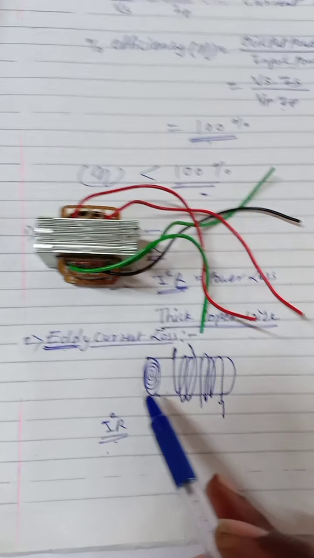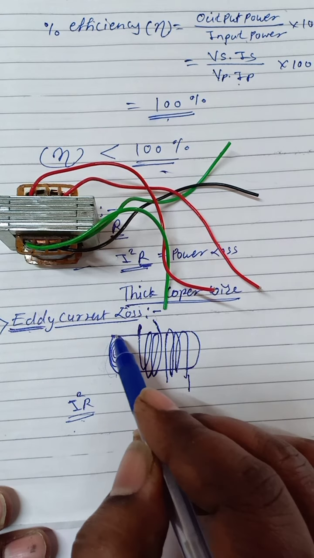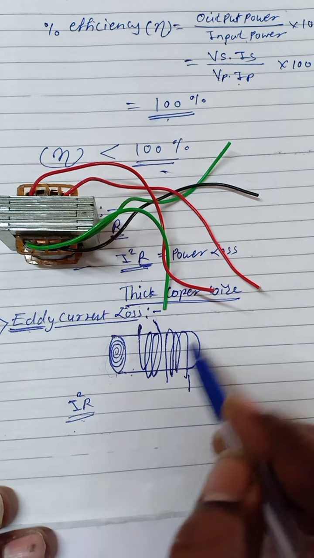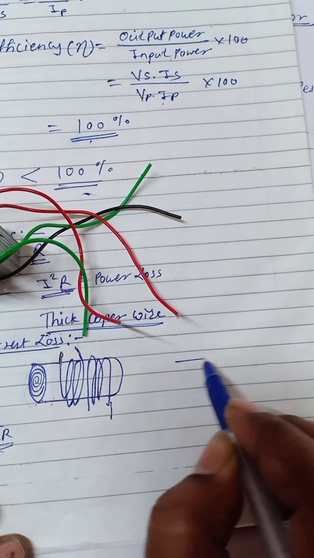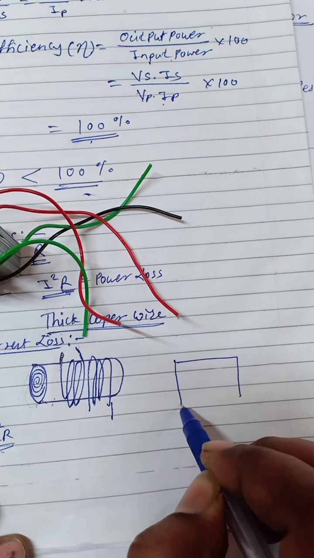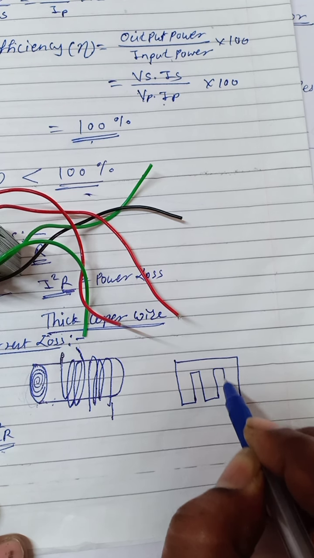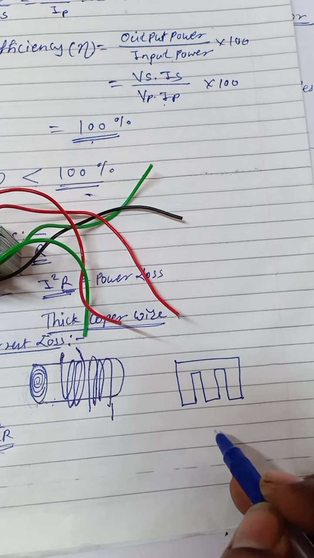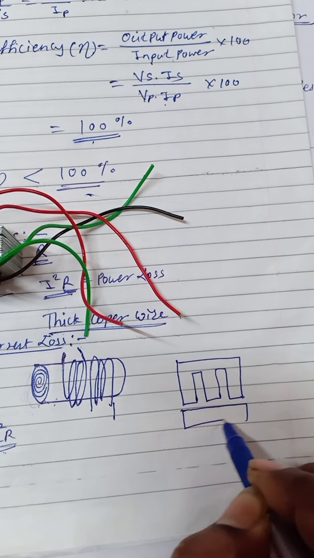We are not using the iron core in the form of a rod. Instead, this iron core is built using E-shaped laminated plates, like the English letter E, and I-shaped laminated plates.